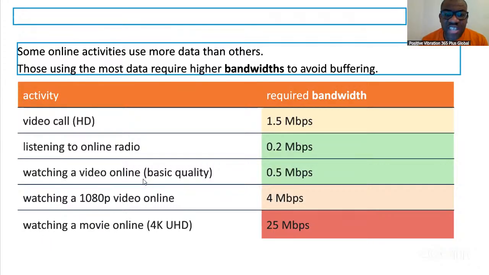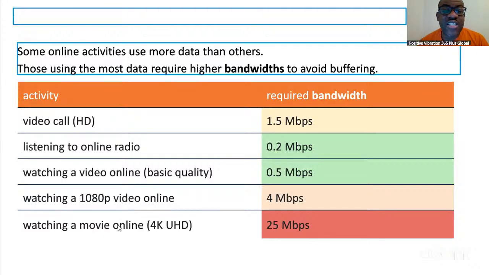To watch a basic quality video online, a Jake and Rosalie video, will use up 0.5 megabits per second. Watching, however, a 1080 pixel video online is going to take 4 megabits per second. But watch this.